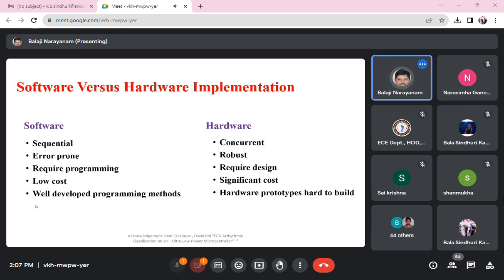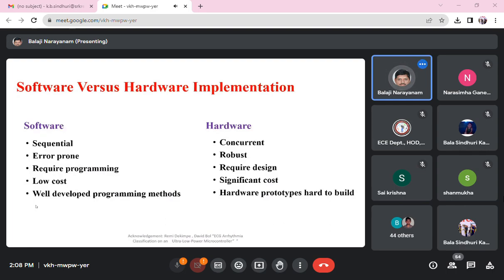Then it will be quite easy for me. But if I want to have a handheld device or a wearable device that can help the doctors, or very easy access if I need, so I should go for the hardware implementation. So let us look at what makes the hardware implementation special.